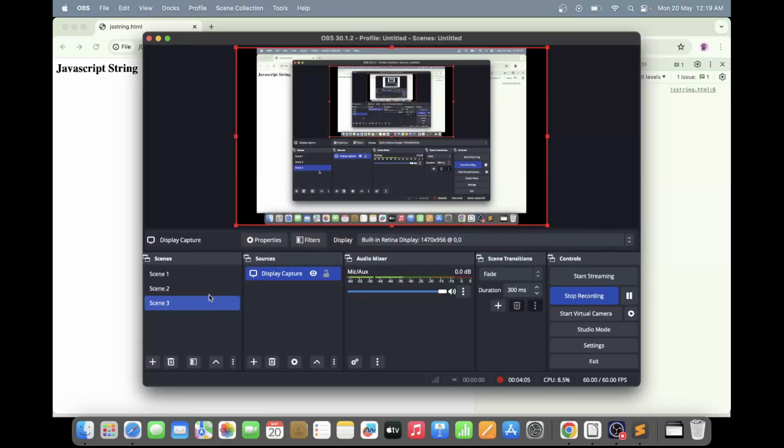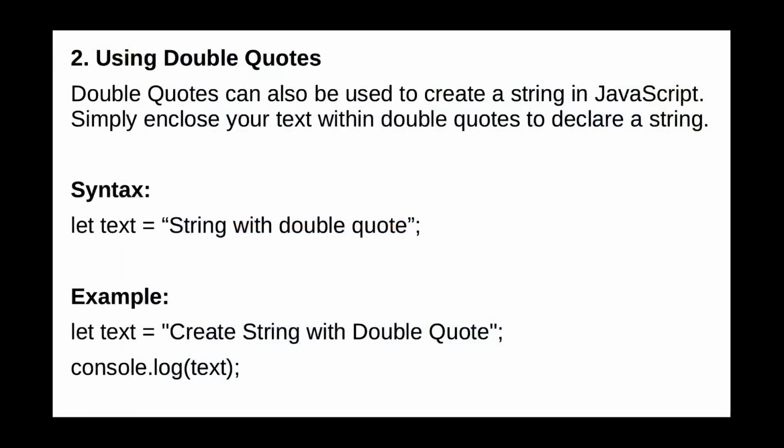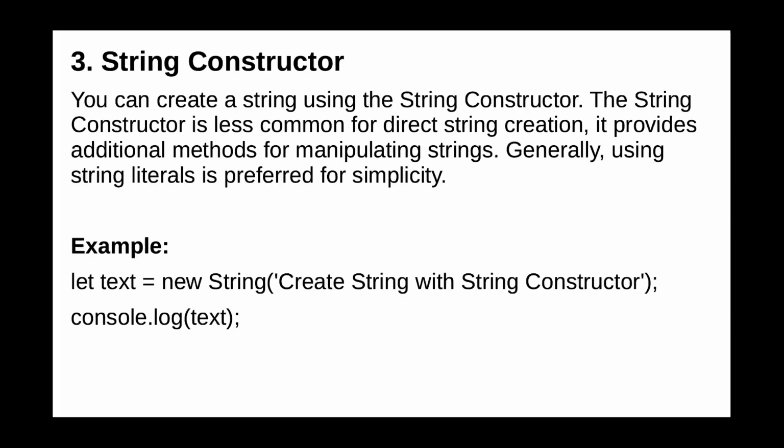So the next is string constructor. You can create a string using the string constructor. The string constructor is less common for direct string creation. It provides additional methods for manipulating strings. Generally, using a string literal is preferred for simplicity.